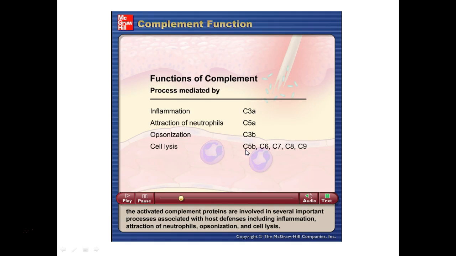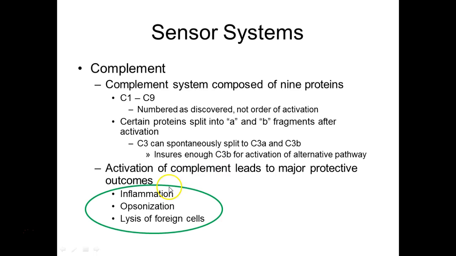These are the important outcomes of things that can happen: inflammation with the use of C3a and C5a; opsonization, that tagging for destruction by C3b; and then cell lysis by several of the proteins all together we call the MAC complex, the membrane attack complex. So as I said, this is the major important thing: inflammation, opsonization, that tagging for destruction by phagocytic cells, and lysis of foreign cells.